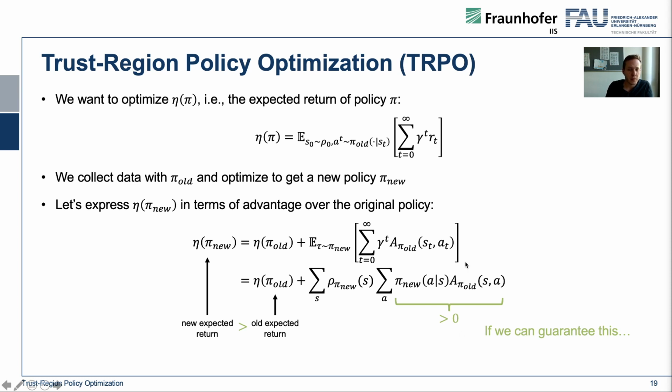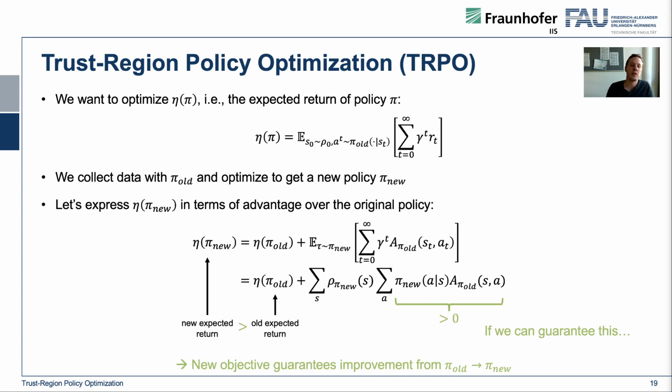However, there is an explicit constraint here that, if satisfied, guarantees monotonic improvement over the old policy, which we didn't do explicitly with vanilla policy gradients. So if we guarantee that this is positive, the new expected return will be larger than the old one, and the new objective is a guaranteed improvement from pi old to pi new.